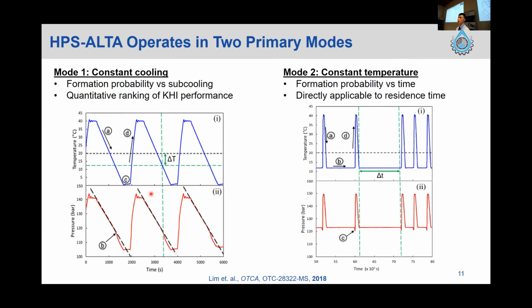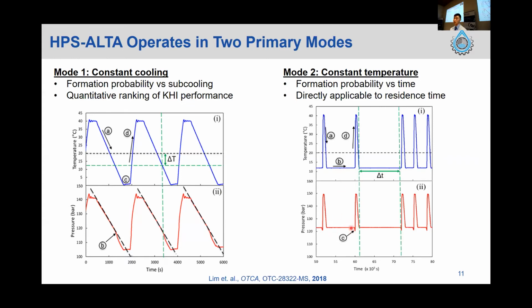The second mode, which I've mentioned is more applicable to the industry, gives us the induction time: how long you need to wait to form hydrates, which you can compare to your fluid residence time. Very similarly, we start off at high temperature, cool the system down, and then hold it at a rather conservative temperature. Isothermally, the temperature is constant and the pressure would be constant.